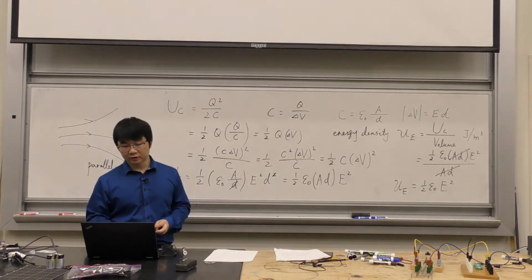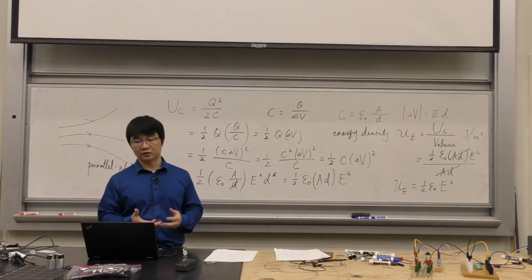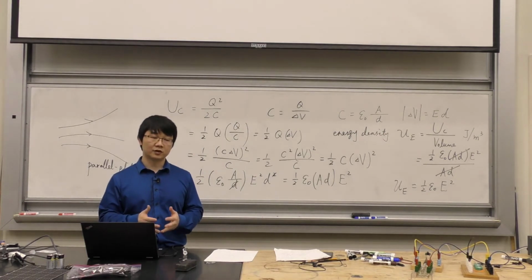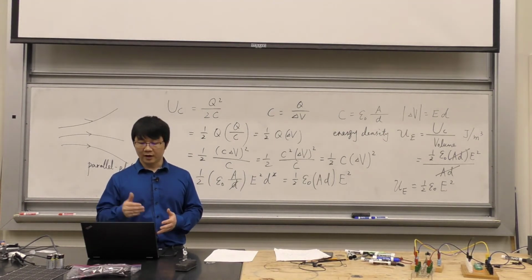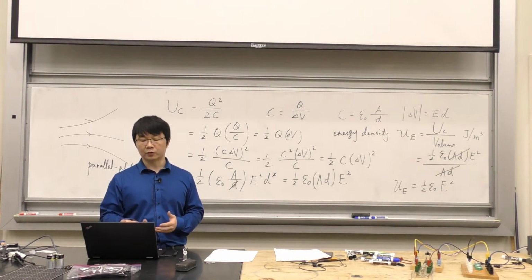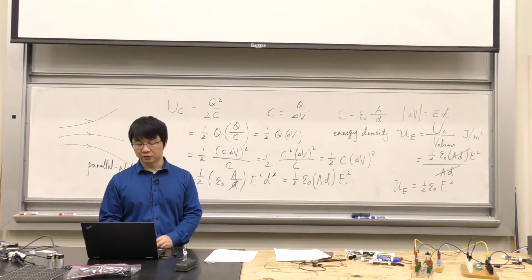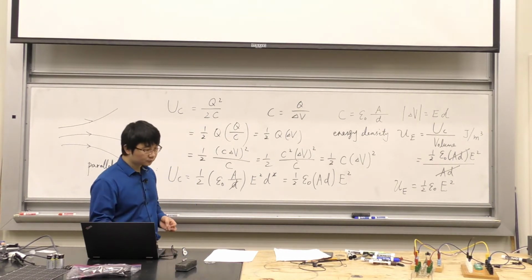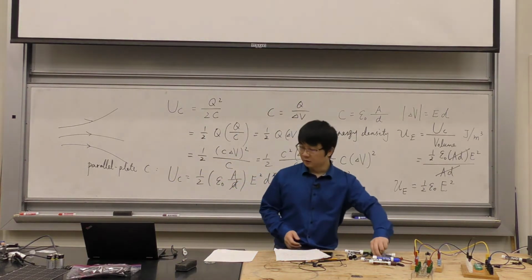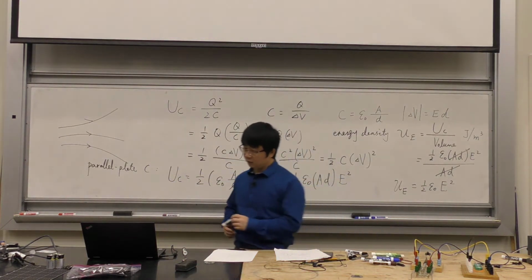Now we're going to see a problem. It's always easier to understand the theories with numbers, so we can see how adding these dielectrics can increase the electric field energy a capacitor can store. Now let's take a look at this question.